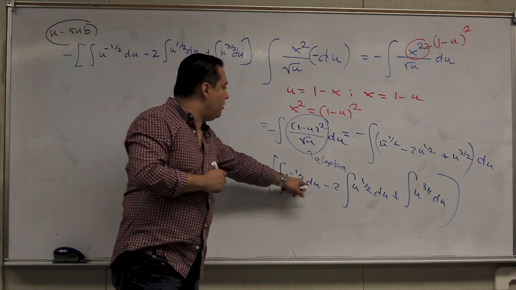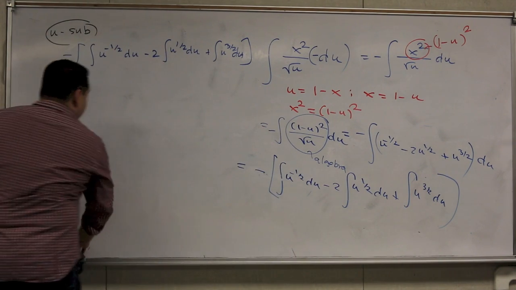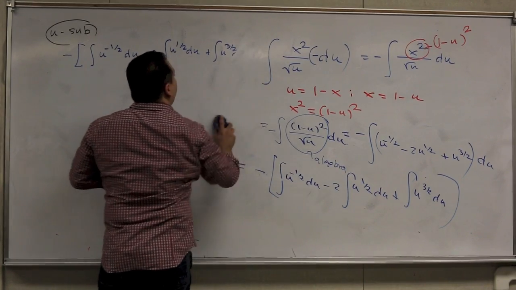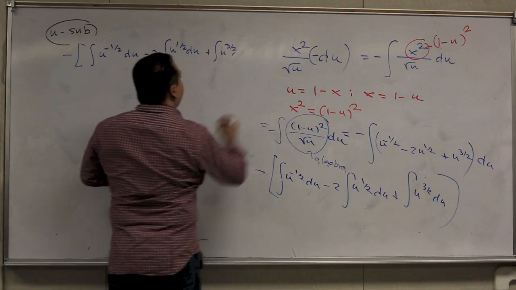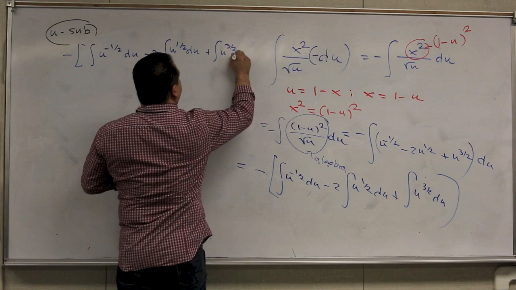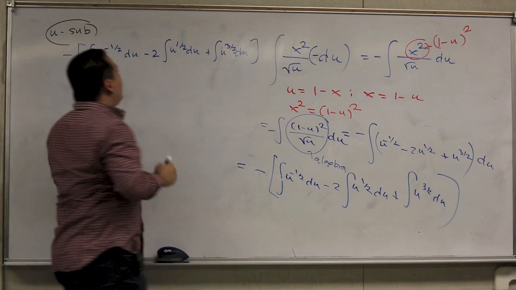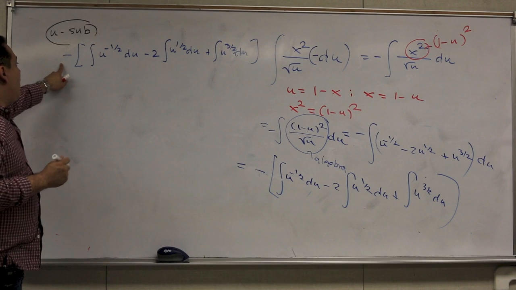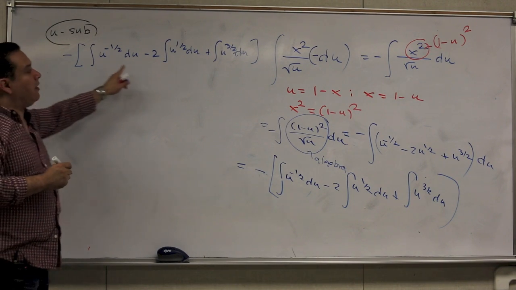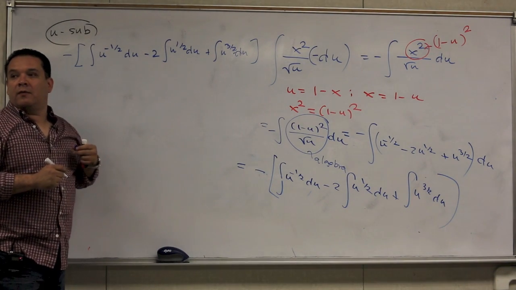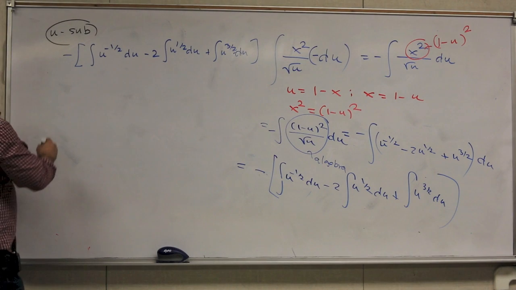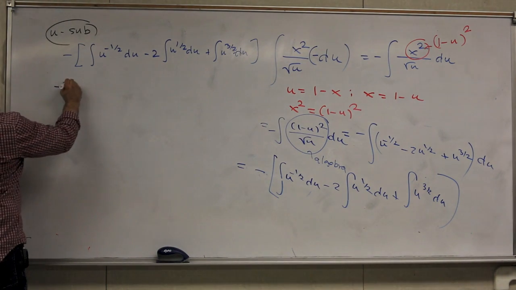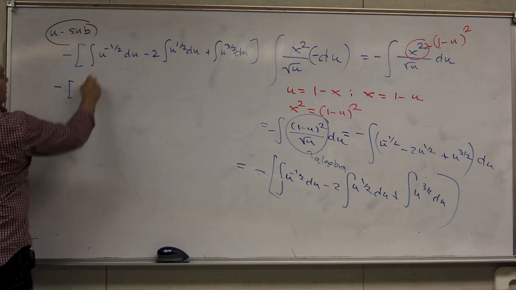Do we have everything here? So we got that minus sign here. Now, if you don't like that, just distribute the minus sign to each integral. I might just keep it and distribute at the end.